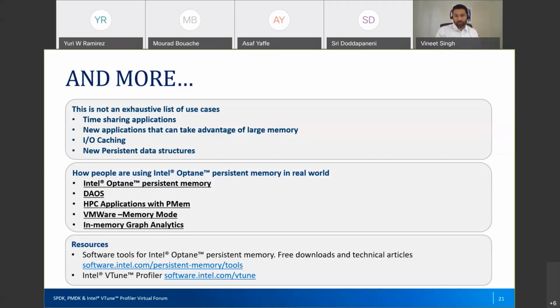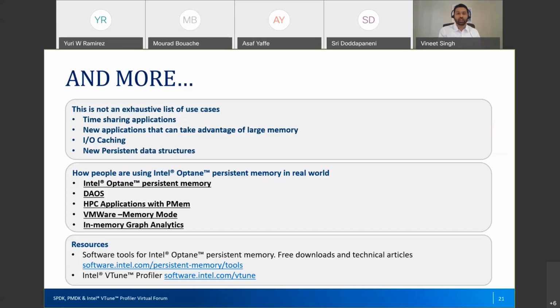There are HPC applications where people have experimented with using PMEM. VMware has released a white paper using memory mode. There are papers on in-memory graph analytics, where people have been doing graph analytics in memory because now they have a huge amount of memory available to them. So it's a new technology. You need to understand the basics of it, and then you can come up with any number of use cases for it.